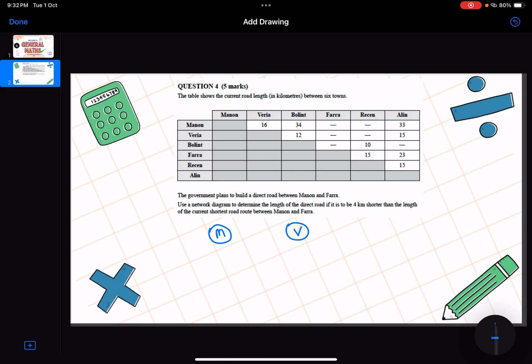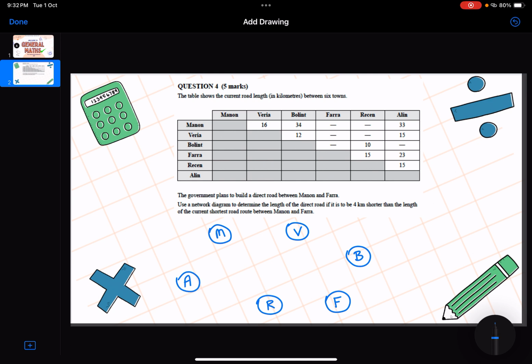The next town is Bollant, so we'll put Bollant in a circle. We've also got Farah, and Recent, and our last town is Allen, each in a circle. Okay, so there's our 6 towns.